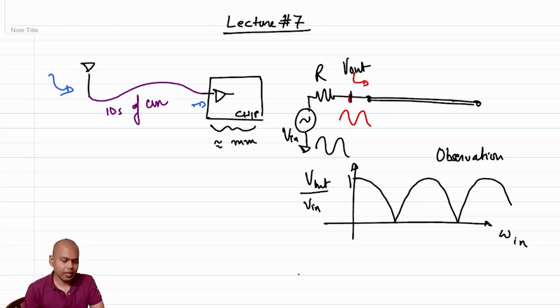All sorts of things can happen to the signal as it traverses from the antenna to the LNA, and all of this is happening because of the long routing. So now the question is, why is this happening, and what can we do about it?